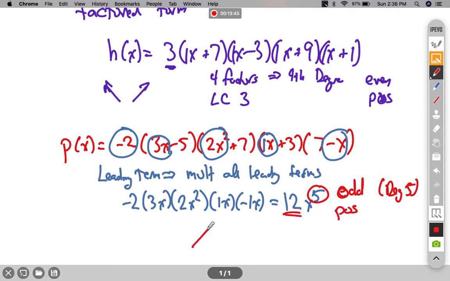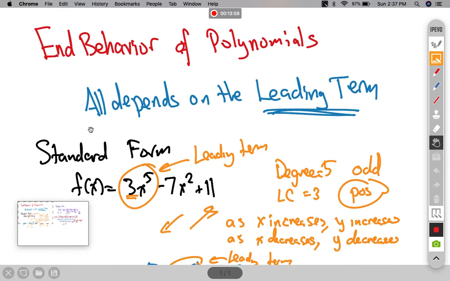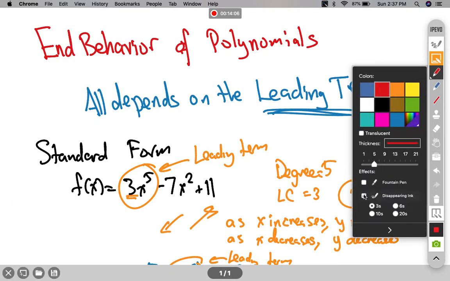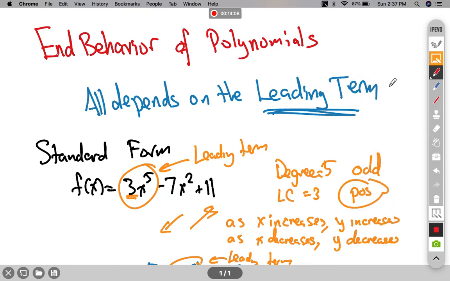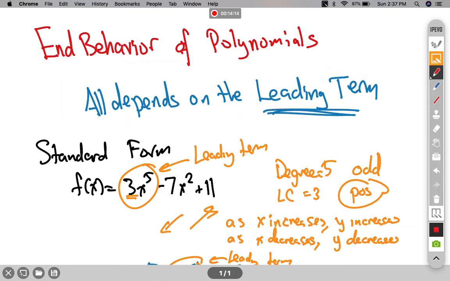So my end behavior is going to be as x increases, y increases, as x decreases, y decreases. Again, your main key to end behavior is it all depends on that leading coefficient. So make sure you can find that leading term. You can find the degree and the positive, negative.